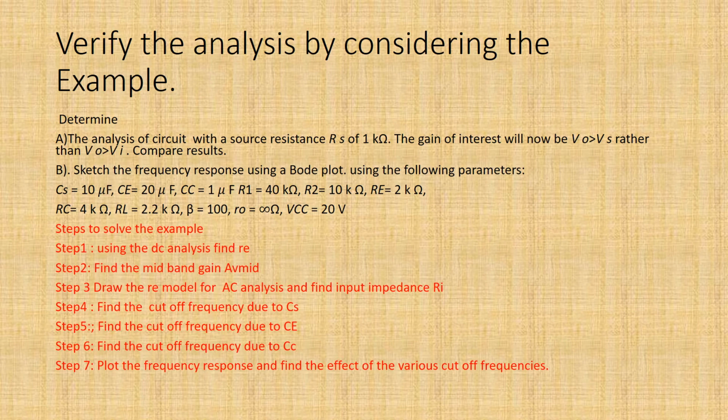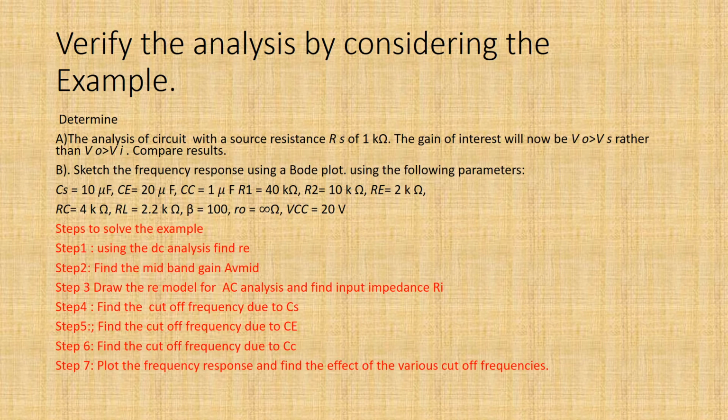Sketch the frequency response using a Bode plot for the following parameters. Cs is 10 microfarad, Ce is 20 microfarad, Cc is 1 microfarad, R1 is 40K, R2 is 10K, Re is 2K, Rc is 4K, RL is 2.2 kilo ohms, beta is 100, R0 is infinite. It's a very important point to note. VCC is 20.